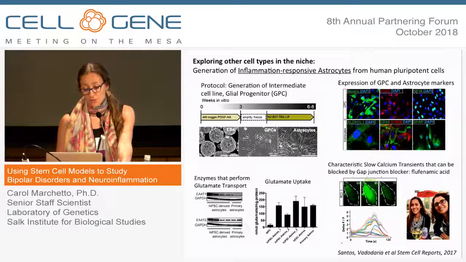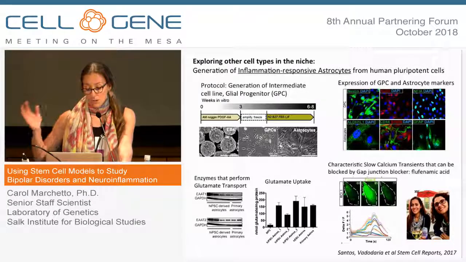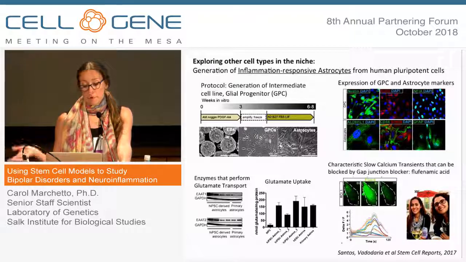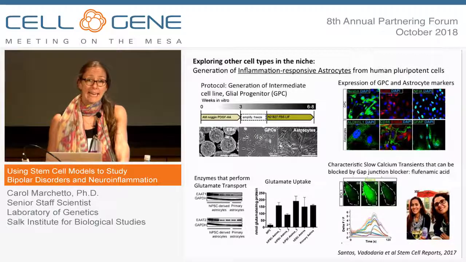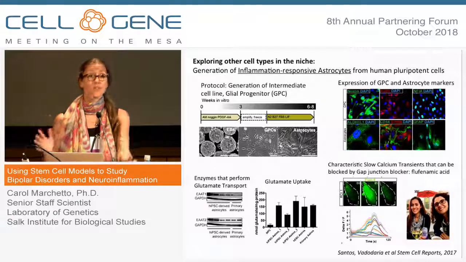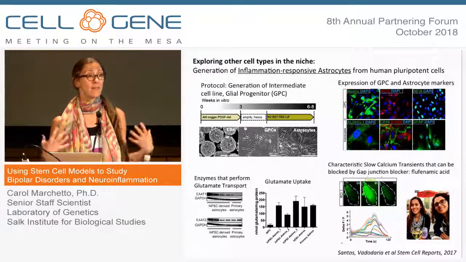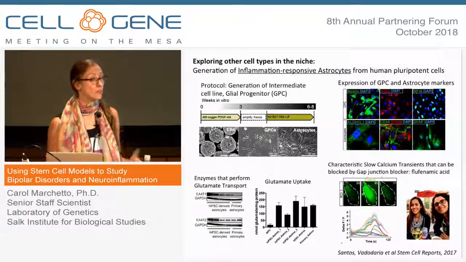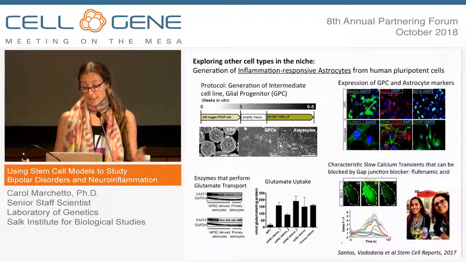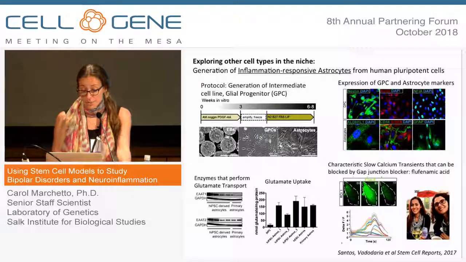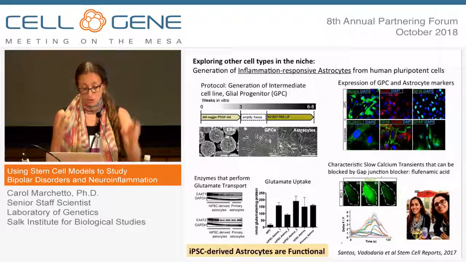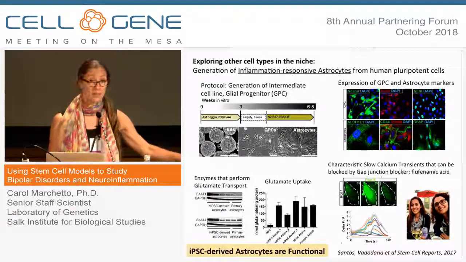And we've also shown that they show slow calcium transients that can be blocked by gap junction blockers. Those were just showing what the control iPS-derived astrocytes were able to do. This has been published last year in Stem Cell Reports. So we showed that iPS-derived astrocytes are functional.